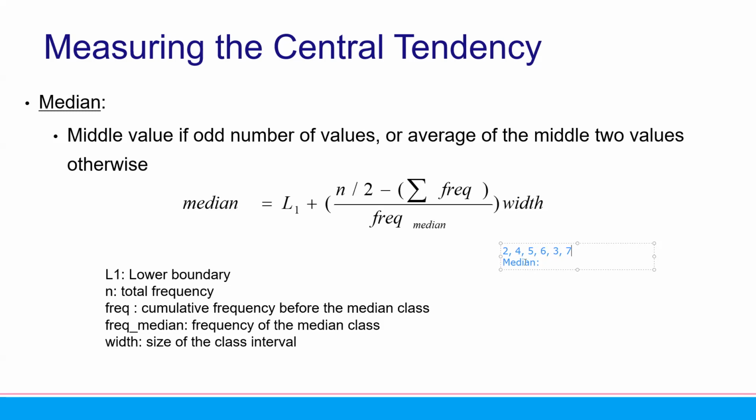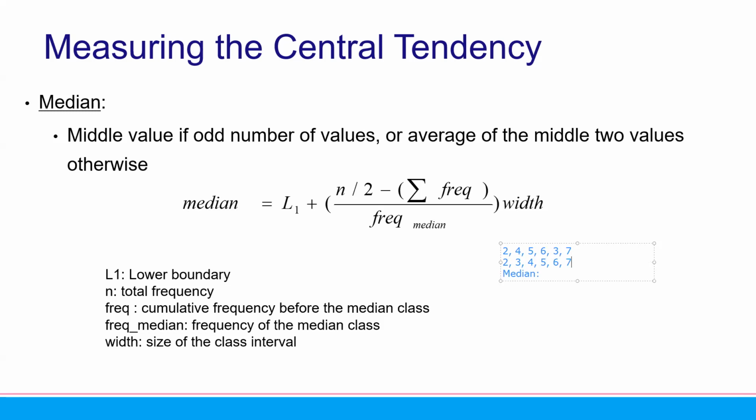Five. 4.5. This one is correct. So first we need to sort the data. 2, 3, 4, 5, 6, 7. So we have 6 numbers.